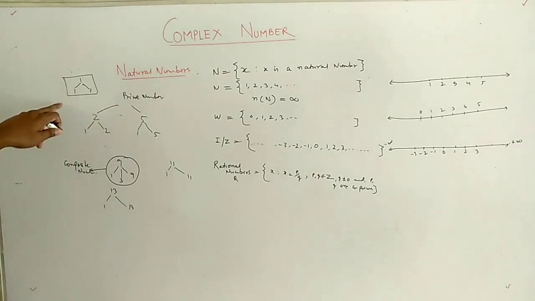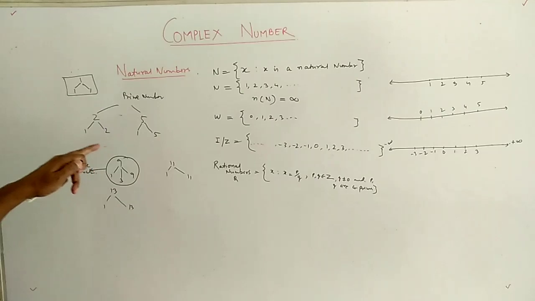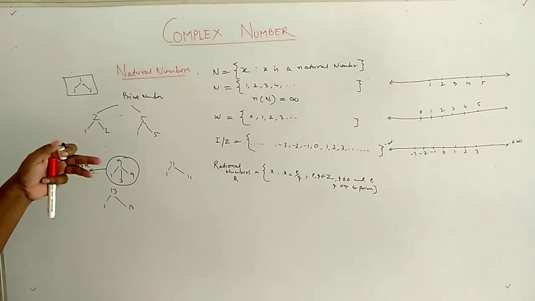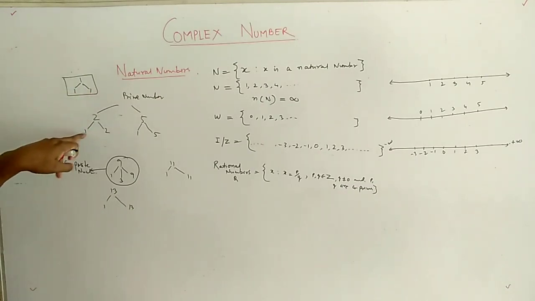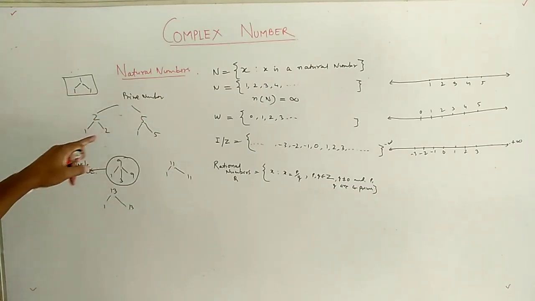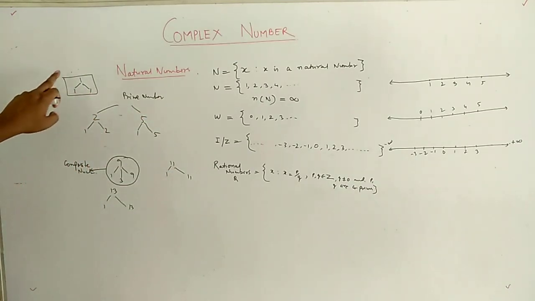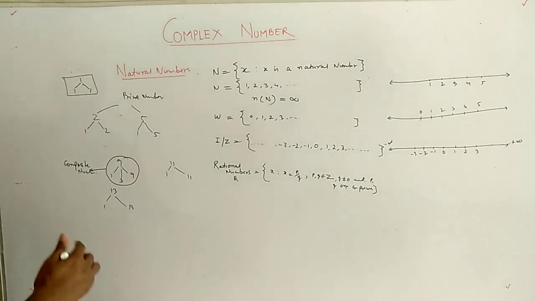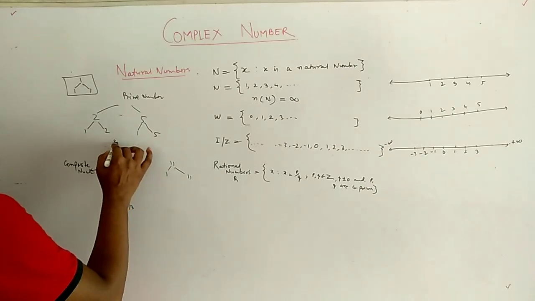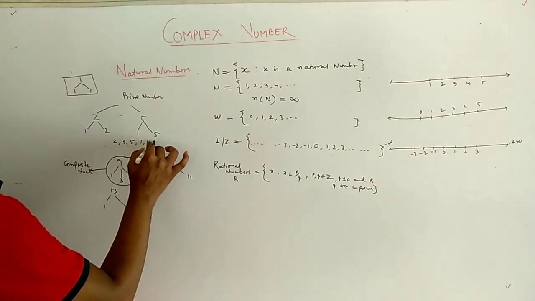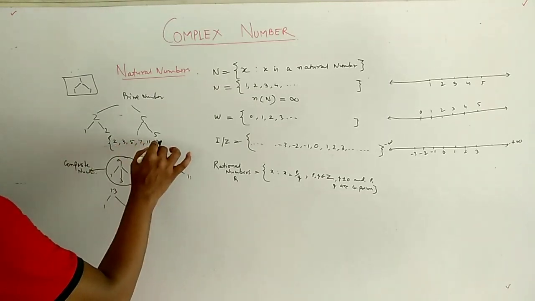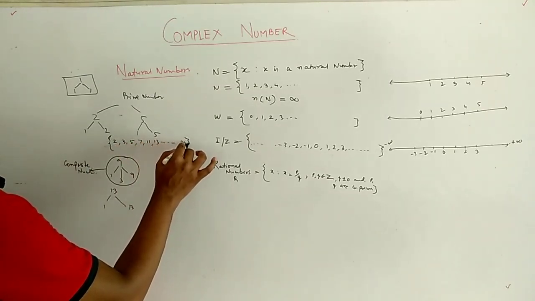That's why 1 has been rejected from the very definition of prime numbers, that a number is divisible by 1 and by itself. But here 1 and itself are the same number, whereas in all other cases 1 and itself are different numbers. So that's why it has been omitted from the basic definition, and we assume our prime numbers begin with 2, 3, 5, 7, 11, 13, like that, and they are also infinite.